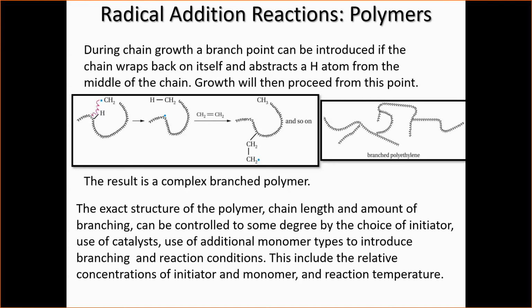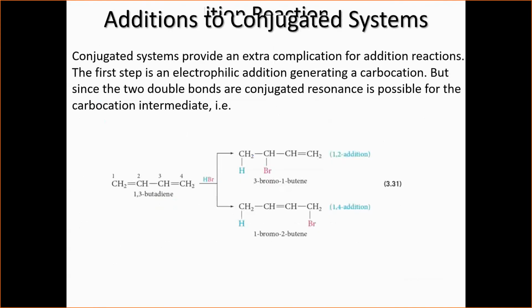Now we'll extend the same hydrohalogenation reaction to compounds having more than one double bond. As for example, this type of system, numbered 1, 2, 3, 4.